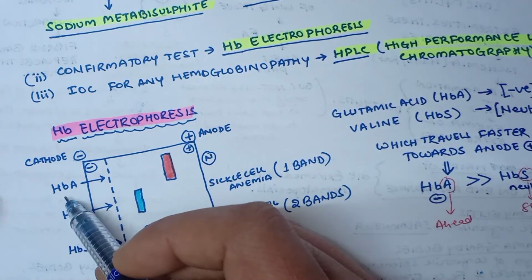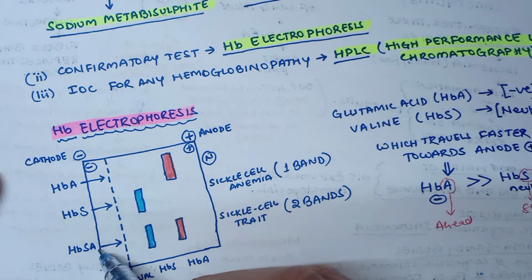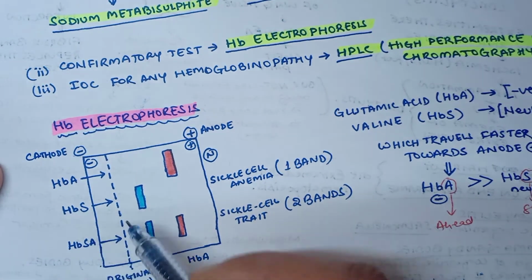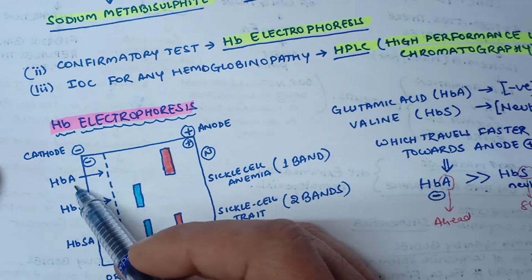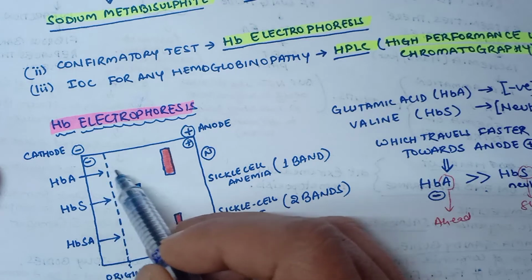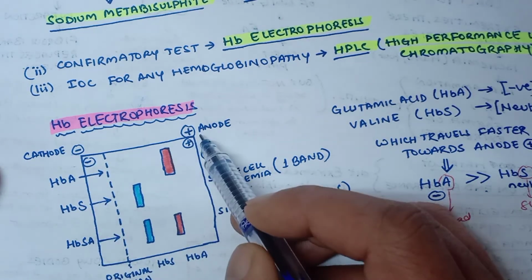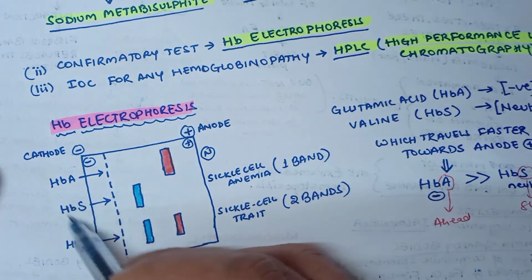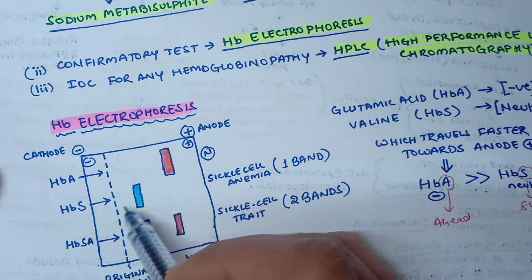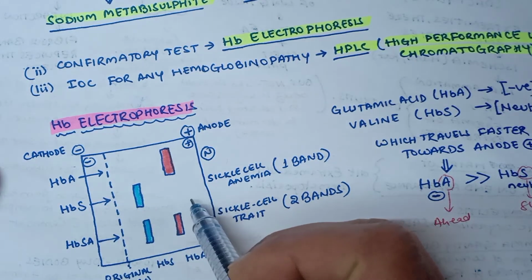So when HbA, HbS and HbSA, that is sickle cell anemia and sickle cell trait, are introduced on the cathode side, as HbA is negatively charged, it will go further away from the cathode and towards the anode, whereas HbS, being neutral, is not much attracted to the anode.